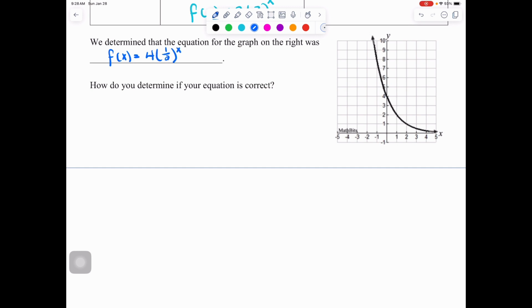So I want to know, how do you determine if your equation is correct? I'd like you to pause the video and think about this, write down your ideas, and then resume the video to go over the answers.